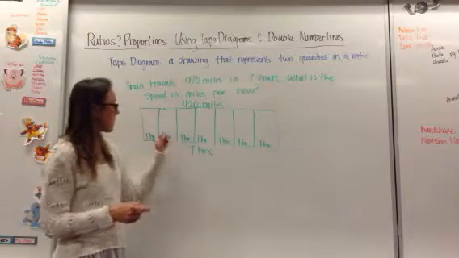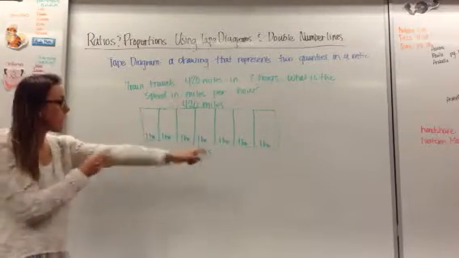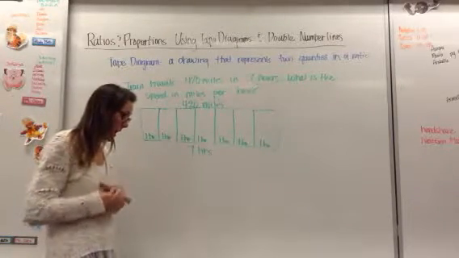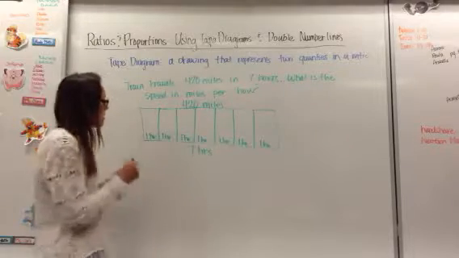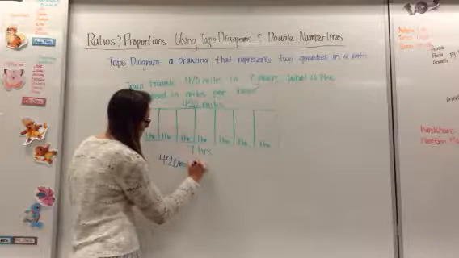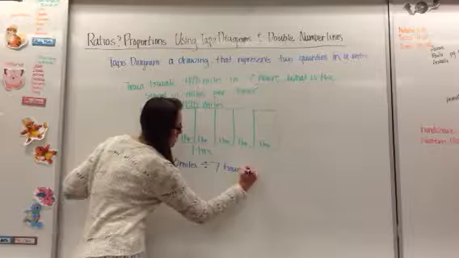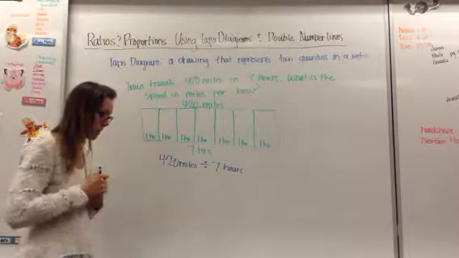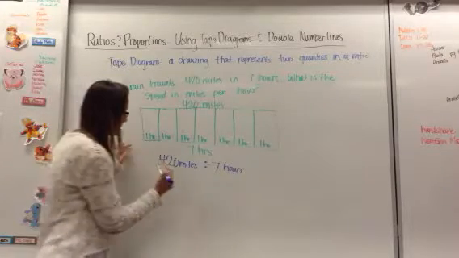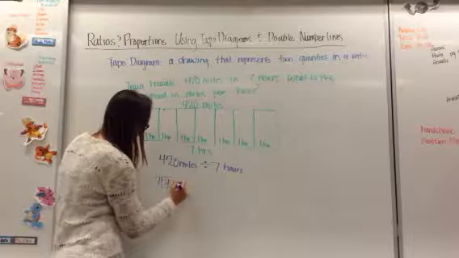So in order to find how many miles per hour, we need to divide 420 miles by 7 hours. We could write that like this: 420 miles divided by 7 hours. What is 420 divided by 7?